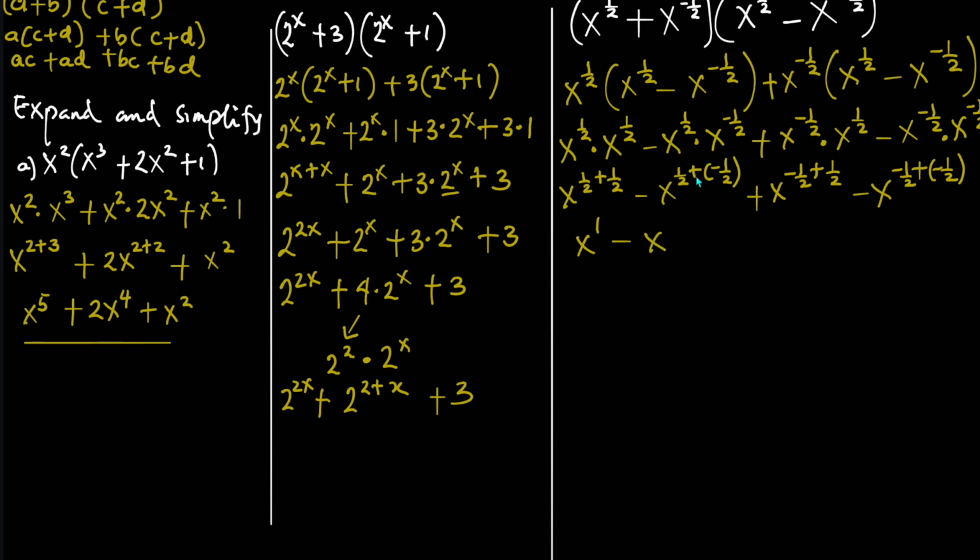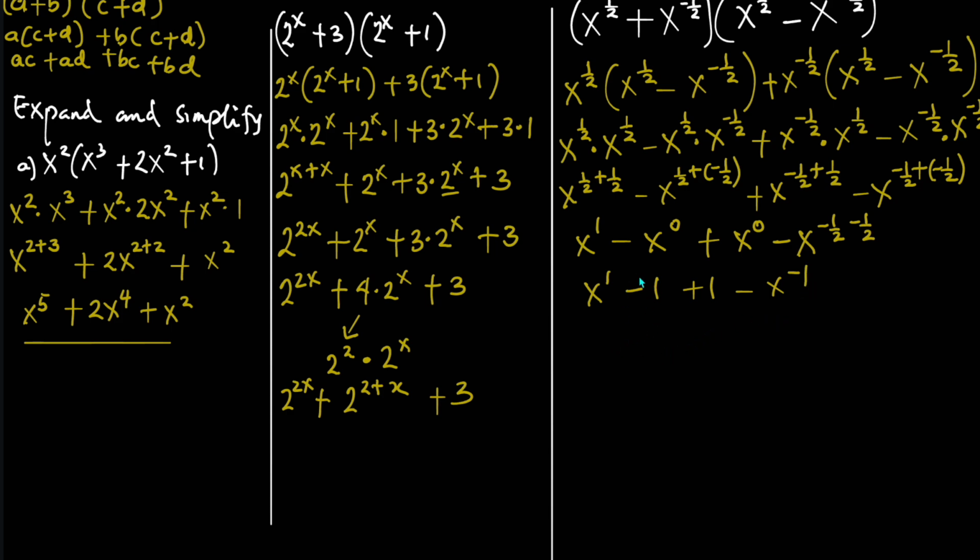Now this is plus and this is minus, so when they multiply you have negative, so 1/2 minus 1/2 gives 0. Here the same thing is playing out, so plus x to the power of 0, and lastly, which is the last term, it becomes x to the power of negative 1/2 minus 1/2. So this is x to the power of 1 minus 1 plus 1, minus x to the power of negative 1.